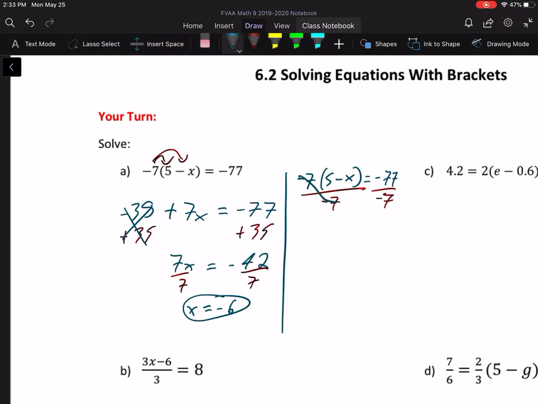The 7's cancel out on this side, leaving me with 5 minus x is equal to negative 77 divided by negative 7, which is positive 11. Then minus 5 gives me negative x is equal to positive 6. And then you can divide both sides by negative 1 to get rid of that negative sign, and you get x is equal to negative 6. Same answer, two different approaches.